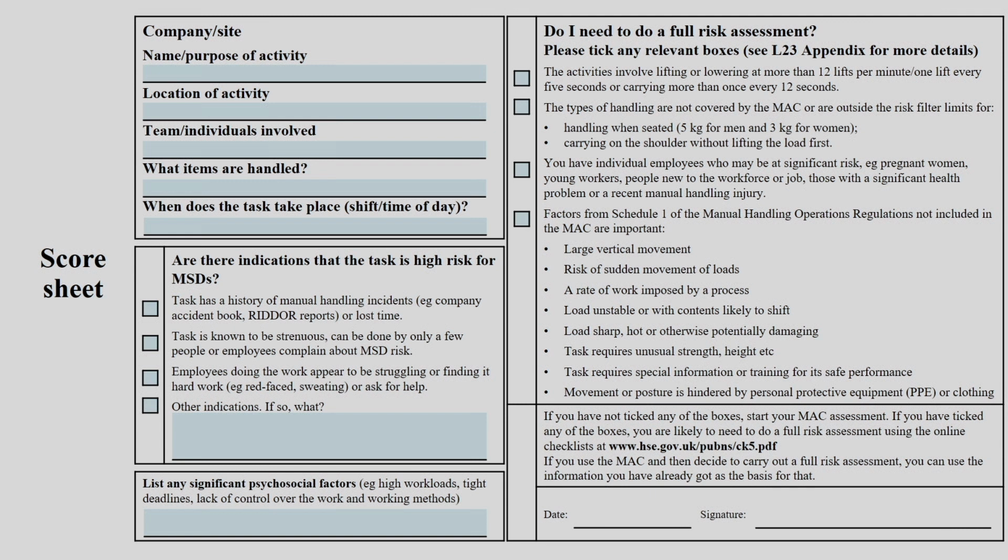When we are talking about a worksheet, we should have a proper record of where and how we are going to assess. So, company name or the site where you are assessing. As this is industry based, it is written company or site.